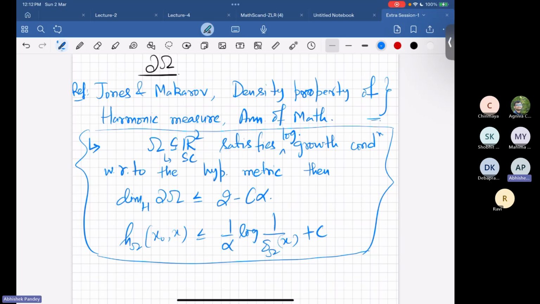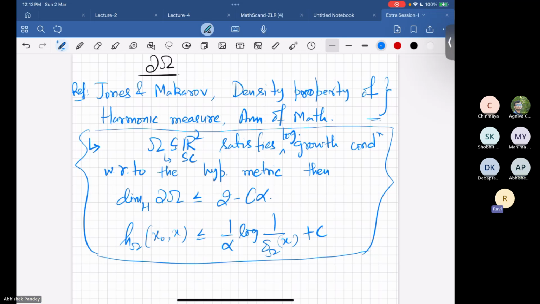But here I want to mention that I have not seen any result on the dimension of the boundary of a domain under the assumption on the growth condition of the Kobayashi metric. I don't know whether it has any application in that setting or not, but I haven't seen any result.